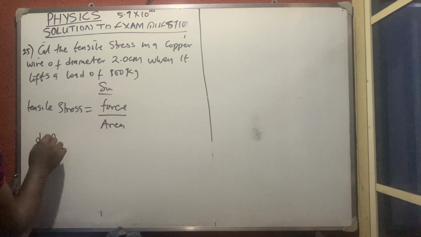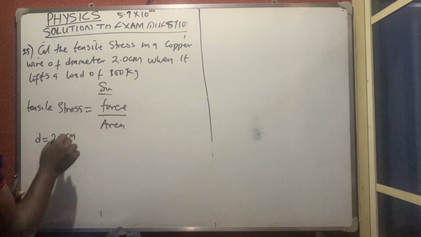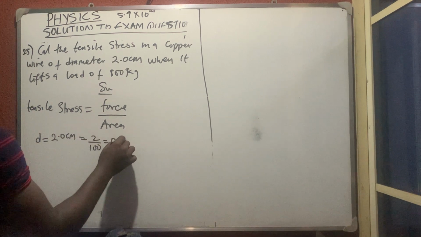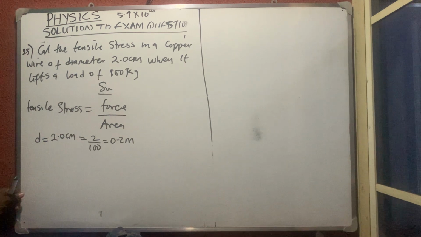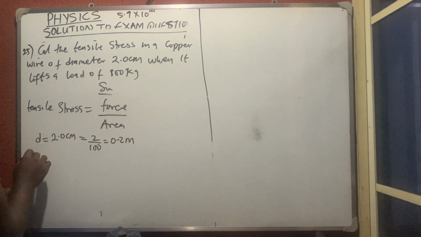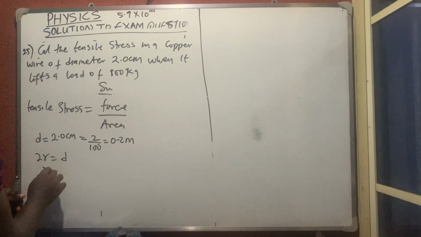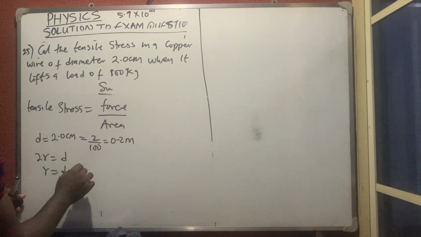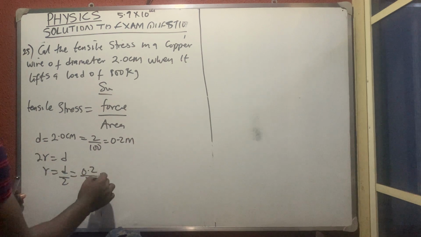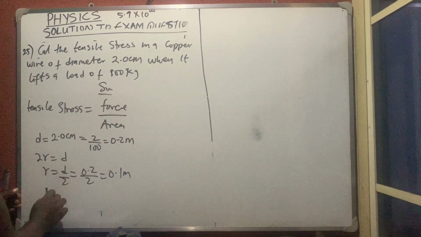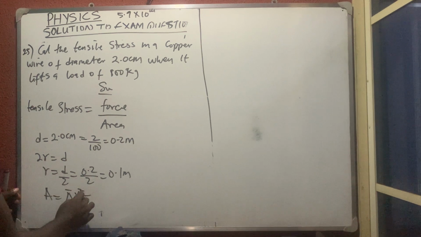Diameter they gave us is 2.0 cm, which is 2 divided by 100, which is 0.2 meter. But I know that 2 radius is equal to 1 diameter. So therefore, radius is equal to d over 2, which is 0.2 divided by 2, which is 0.1 meter.